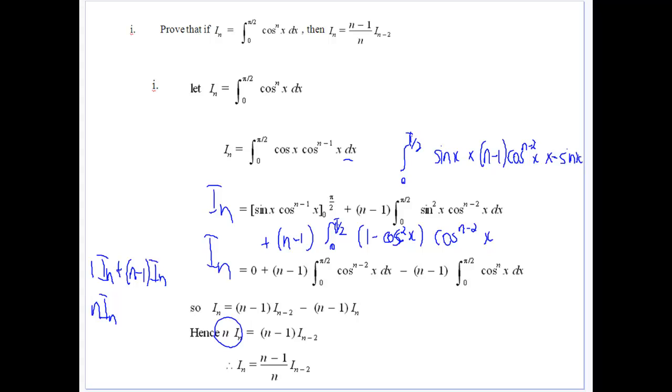So what we want to do here, the first one we're starting off with, is a function that is cos x to the power of n between 0 and pi on 2, and we want to break it down so that the integral itself would be n minus 1 over n, depending on whatever n was there, times the integral, but where the power of the cos x would be n minus 2, so 2 down from whatever that value is.